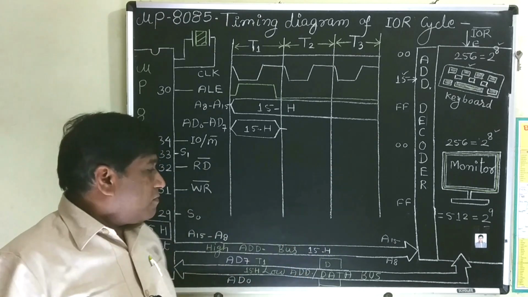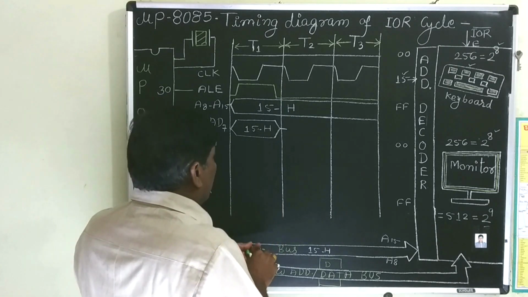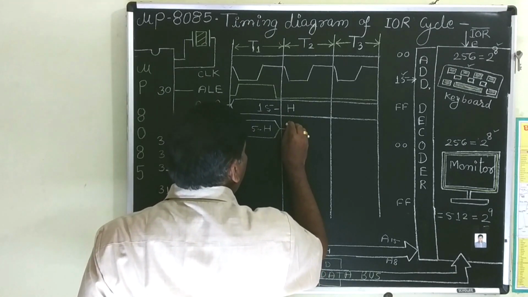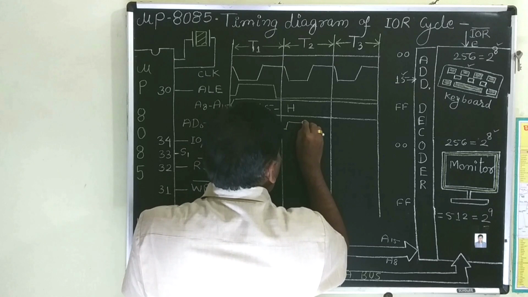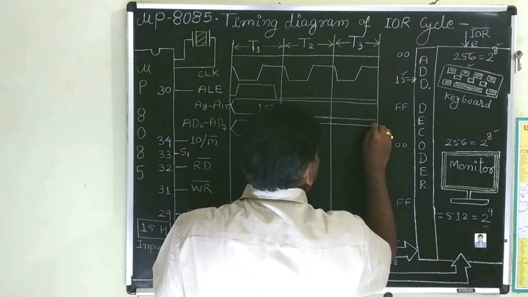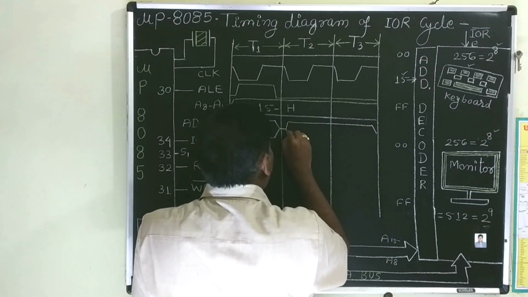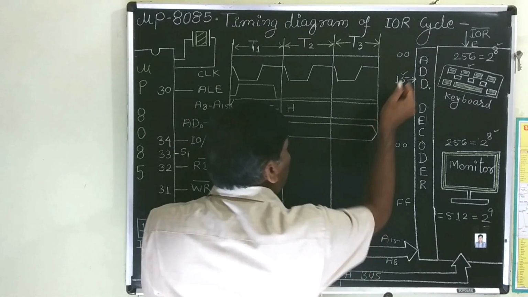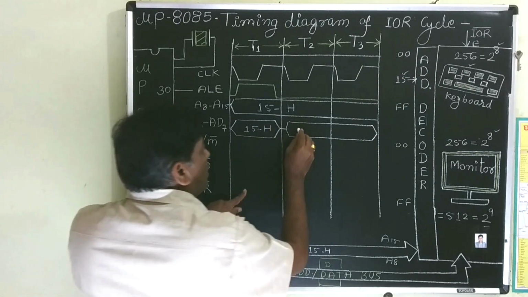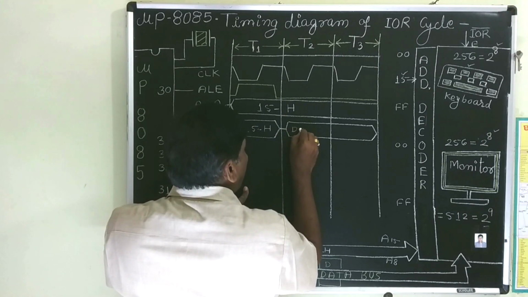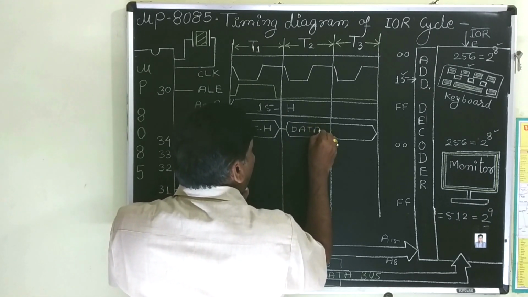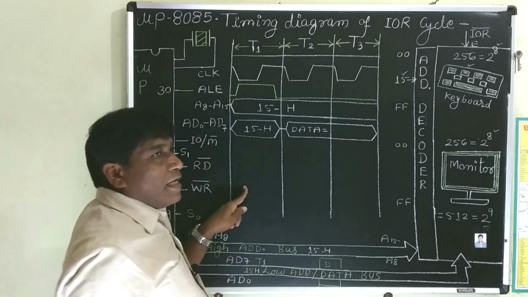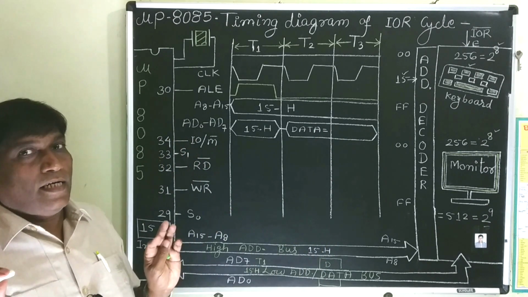And after that, the content of this input device, which input device? Keyboard, will be loaded, and this will be our data. Data will be loaded during T2 and T3 timing.